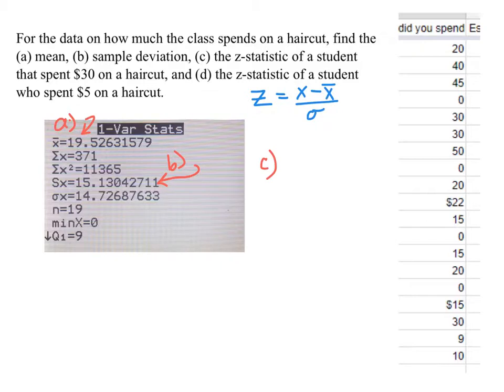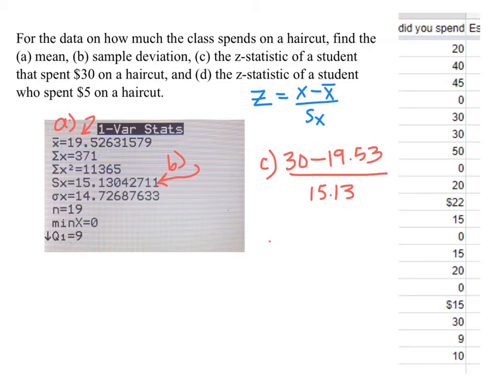I suppose I should write Sx down there, because the other way to think about it is with the population. So maybe I'll just do that for now. So for $30, it'd be 30 minus 19.53 divided by 15.13. That'd be our z-statistic. I'll calculate that in just a minute.